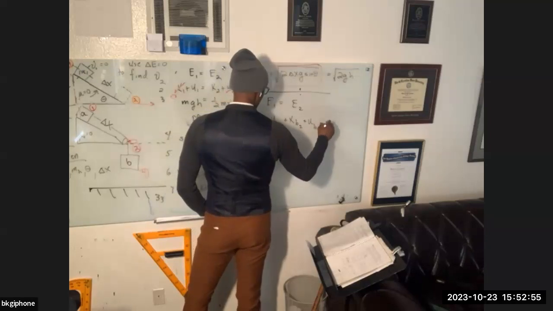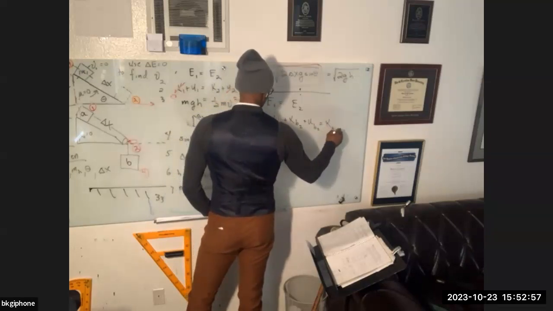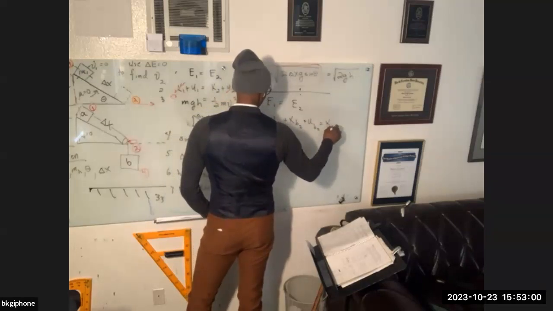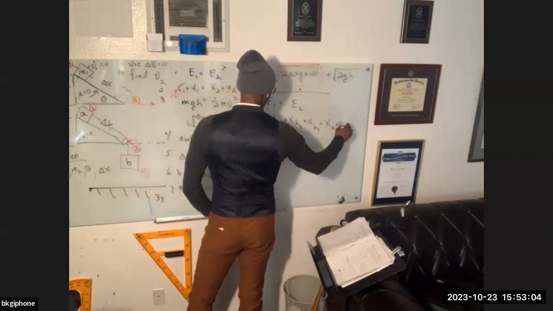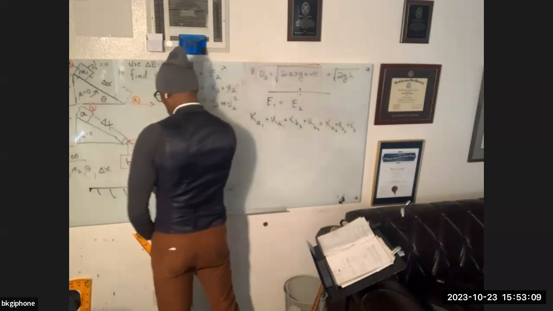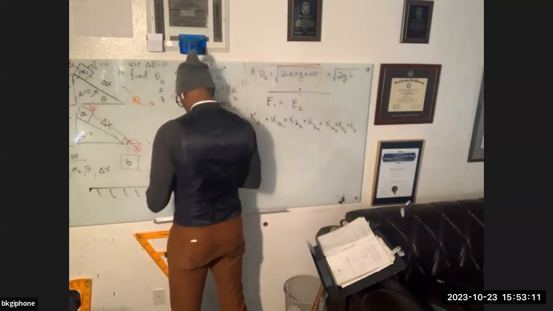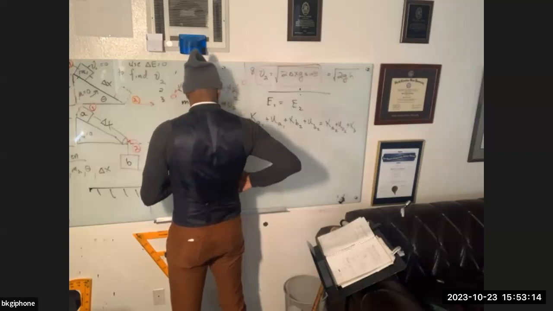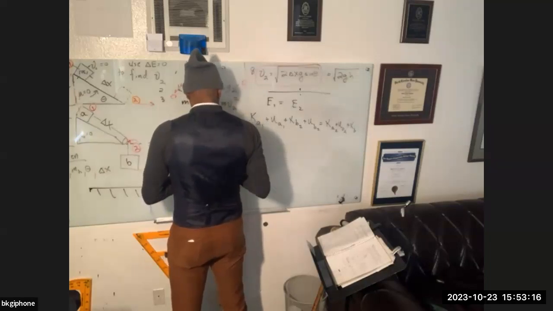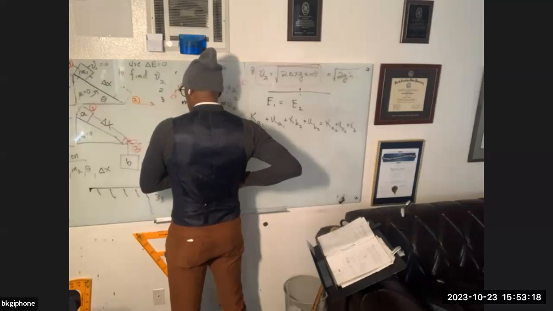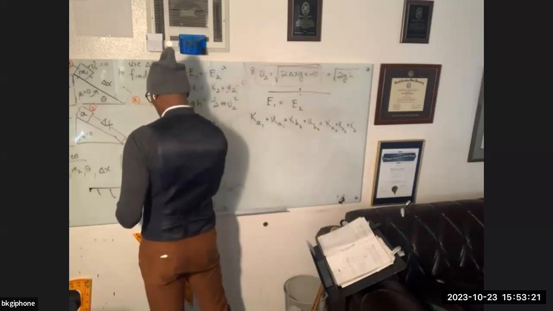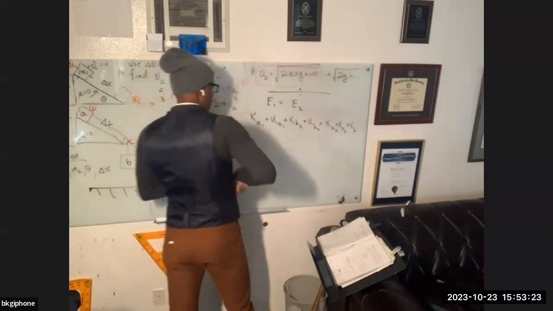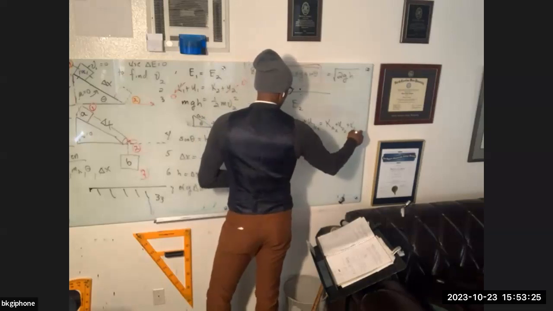And that equals the kinetic energy of block A at position 2, plus the potential energy of block A at position 2, plus the kinetic energy of block B at position 3, to make it 3 so it isn't confusing, plus the potential energy of block B at position 3.